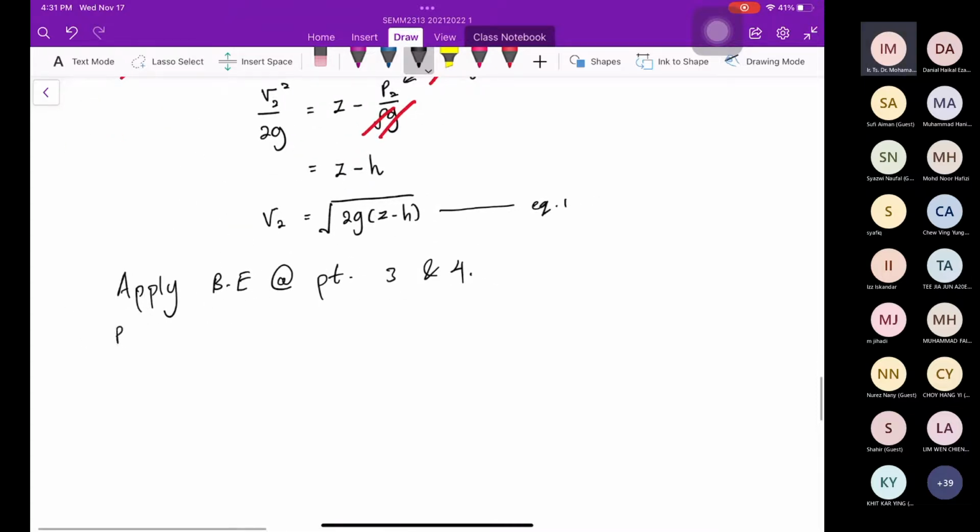Again, write P3 over gamma plus V3 squared over 2G plus Z3 equal to P4 over gamma plus V4 squared over 2G plus Z4.